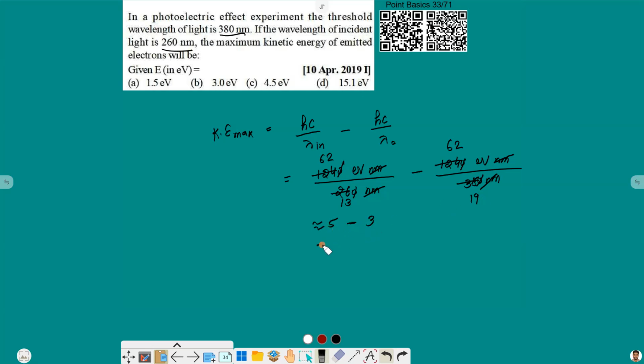So 5 minus 3, 2, our answer should be nearby 2 electron volt. And if you do the exact calculation, it will match 1.5 electron volt, because to save time we are approximating.